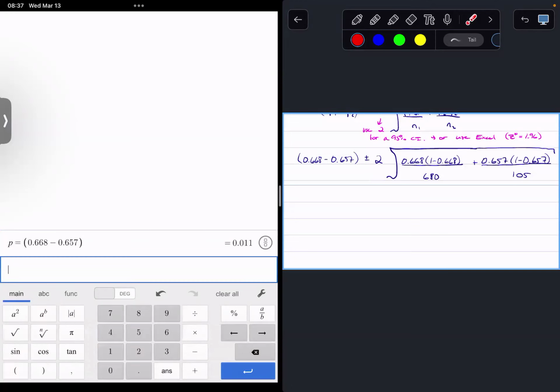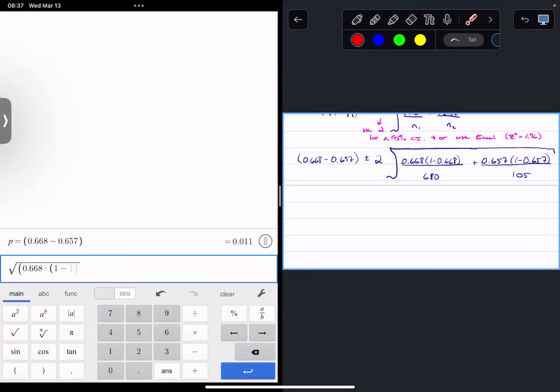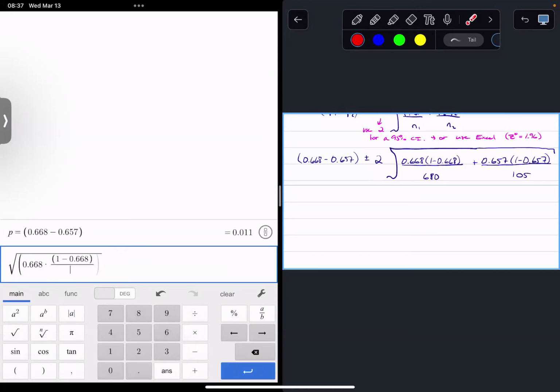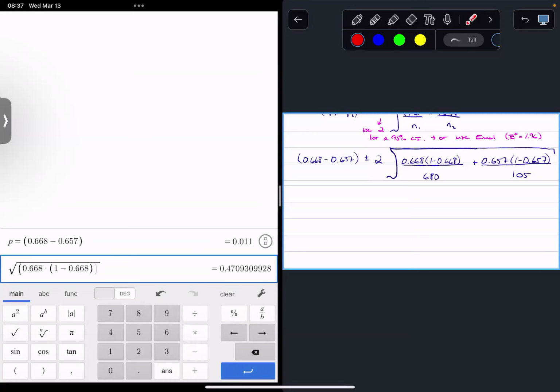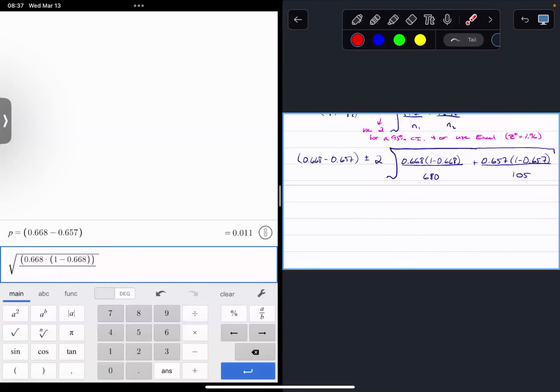Now what I want to do is take the square root and be really careful about 0.668 times 1 minus 0.668 divided by 680 plus, no, the plus has to stay under the square root, bracket, 0.657 times 1 minus 0.657 divided by 105.